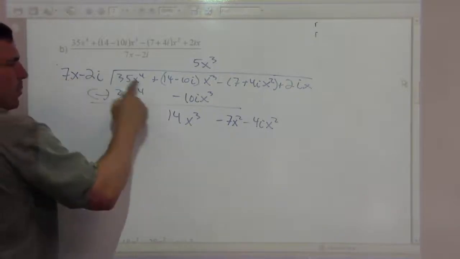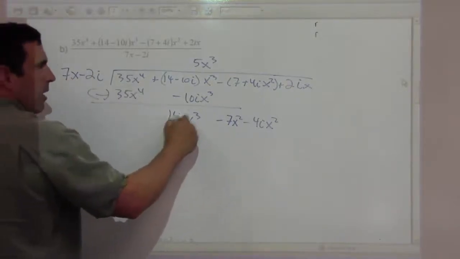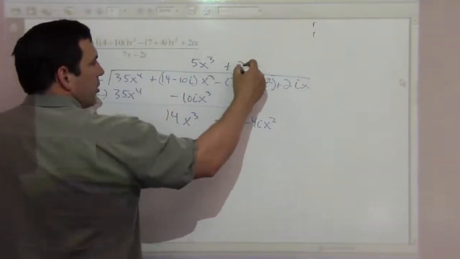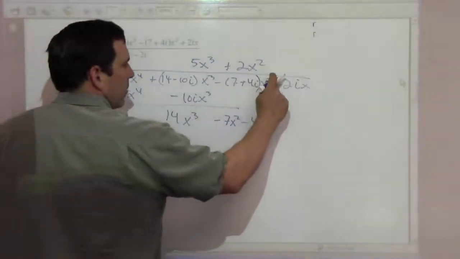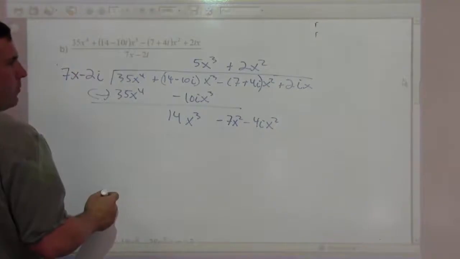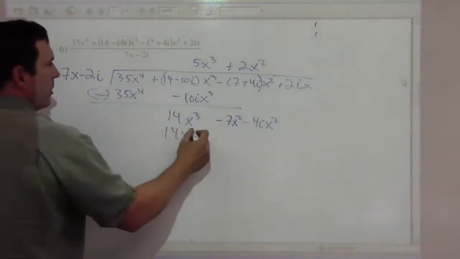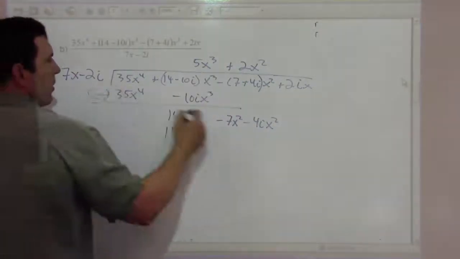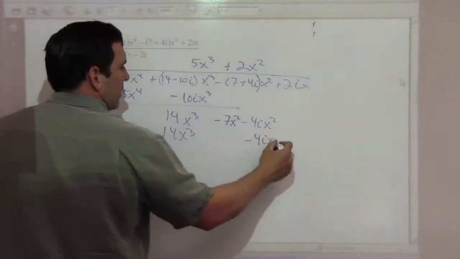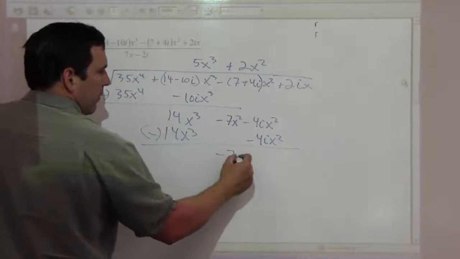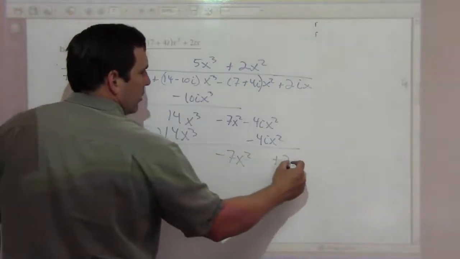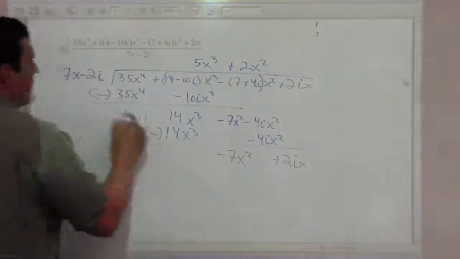Now 7x times what is 14x cubed, and that would be plus 2x squared. So 14x cubed minus 4ix squared, and we subtract. And we have just a minus 7x squared plus 2ix.